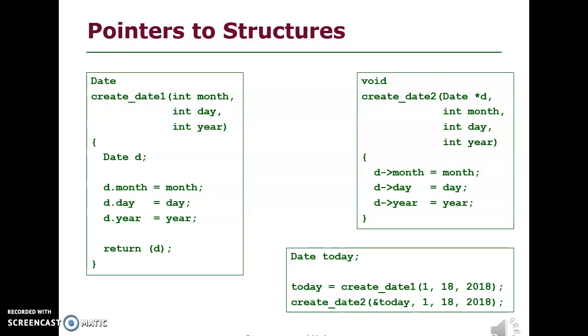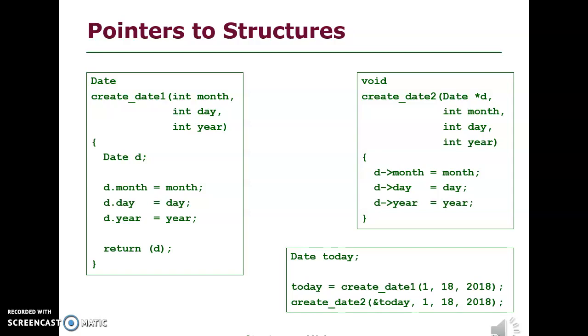So in the main program you create date today. You are creating another variable for the date today, and all those things are written inside the main program only. Okay. So today equals create date 1. You are calling the create date 1 function. This is called call by value. So 1 will be substituted for month, 18 for day, and 2018 for year, and it will be stored here.